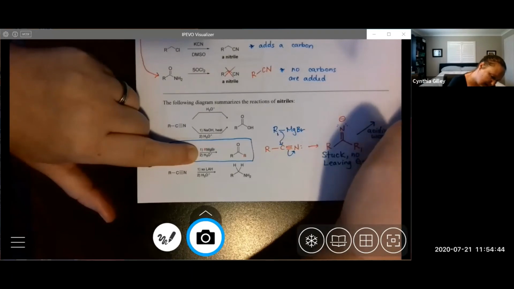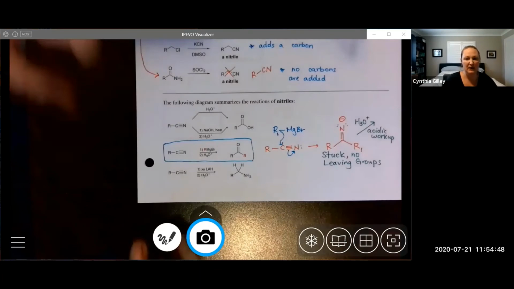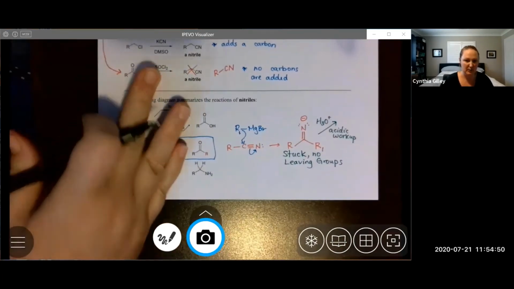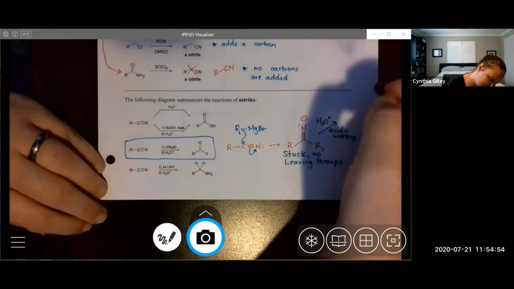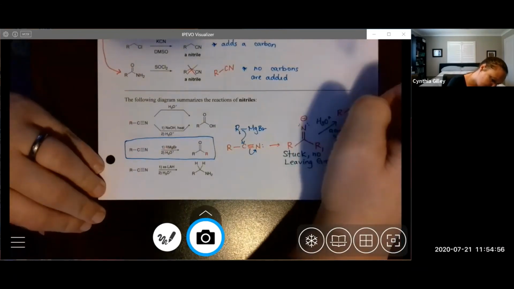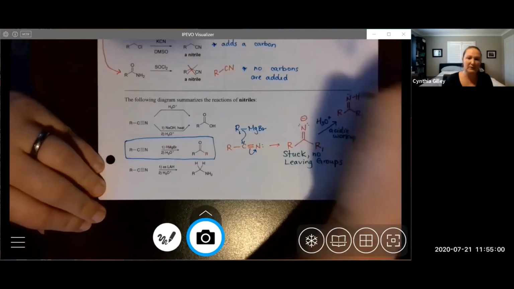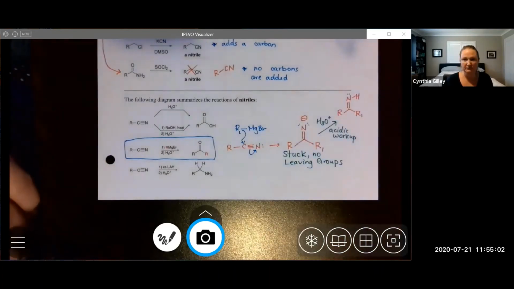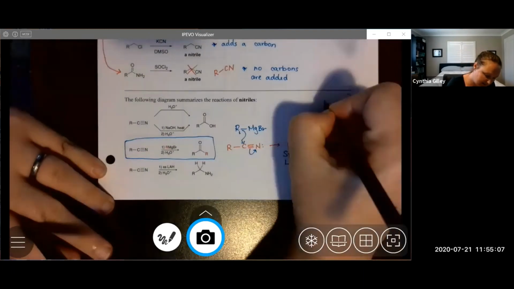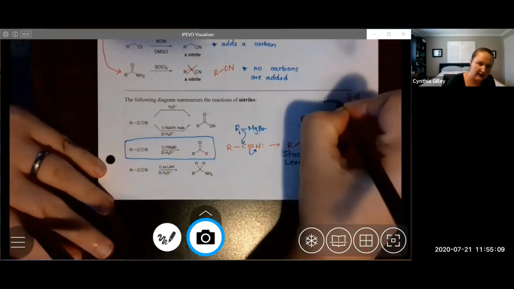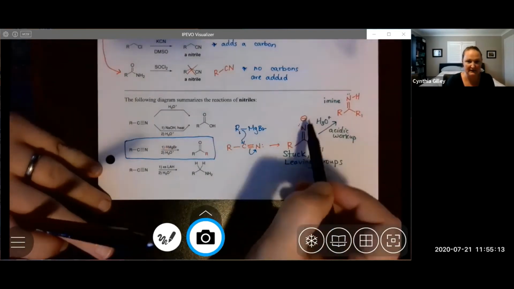right, where you add in a bunch of H3O plus. So what's going to happen when you add in a bunch of H3O plus? Well, you're going to protonate the nitrogen, of course. And what did you form? Anybody recognize that? We form an imine. And what do we know happens to imines in the presence of aqueous acid?